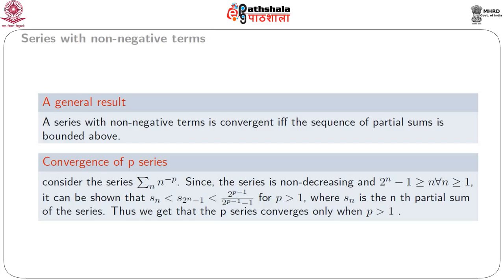If we consider the partial sums, we find that the partial sums are non-decreasing, and one can easily prove the inequality that 2 to the power n minus 1 is greater than or equal to n for every n greater than or equal to 1.